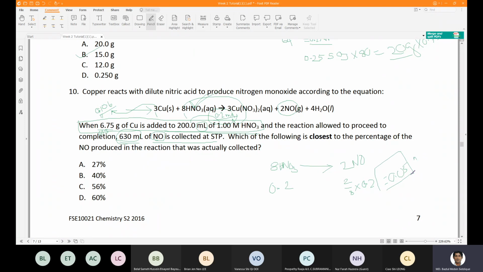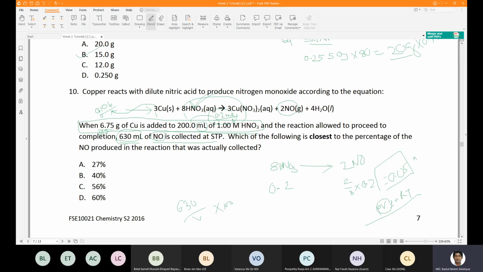All right. And if we want to know the mass, or this is the number of moles and it is at STP. So now you have to convert it back using PV equals nRT. From there we will find the volume of the nitric oxide gas, and then we can divide this 630 over the volume that I will get from here, times 100%.